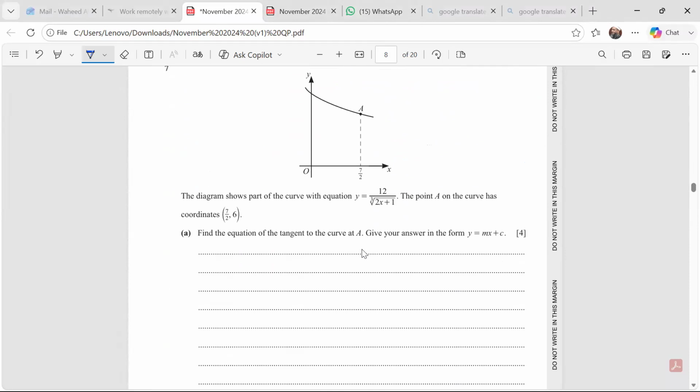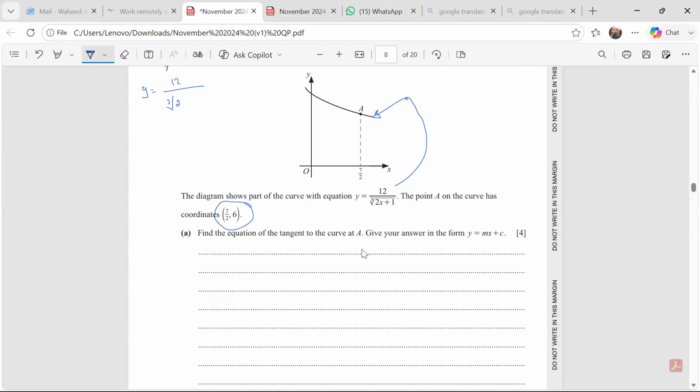You see this curve, it is given by this expression, and this point A has this coordinate. When x is 7/2, y is 6. Let's confirm this. What's the value of y when x is 7/2? It is 12 over the cubic root of 2x plus 1.